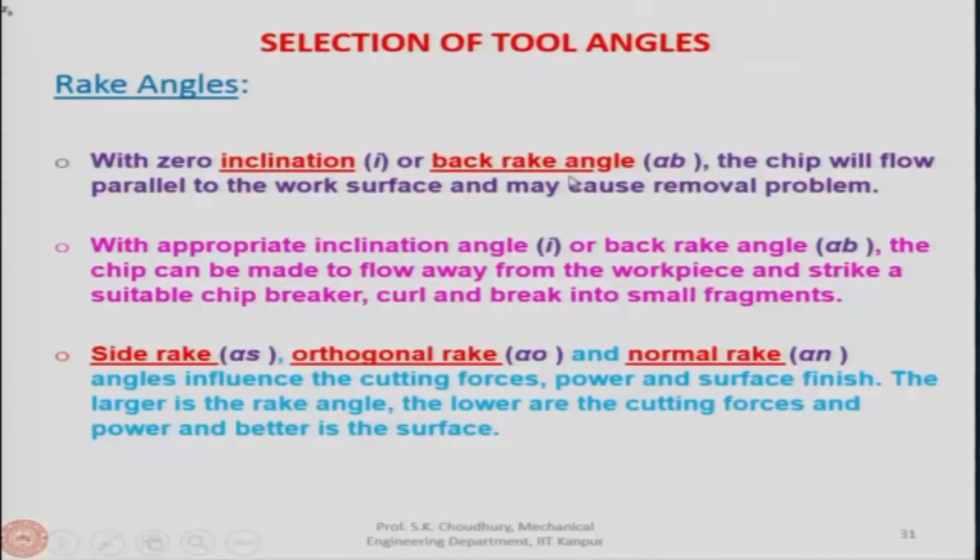With 0 inclination or back rake angle, that is i or alpha b equal to 0, the chip will flow parallel to the work surface and may cause removal problems. When it is parallel to the workpiece surface, it can further entangle with the workpiece and the tool. It can cloud the machining zone. Suppose you are using a non-contact transducer or sensor, taking the signal with respect to the workpiece or the tool.